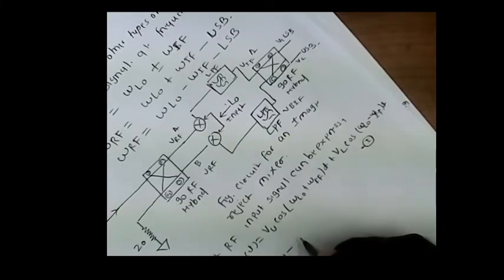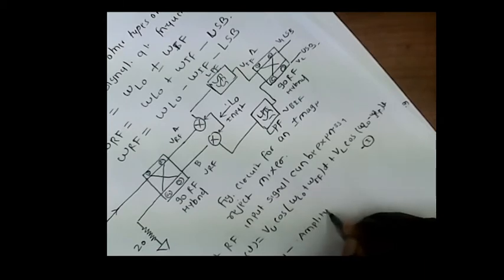This is equation number 1, where VL and VU are the amplitudes of the lower and upper sideband.